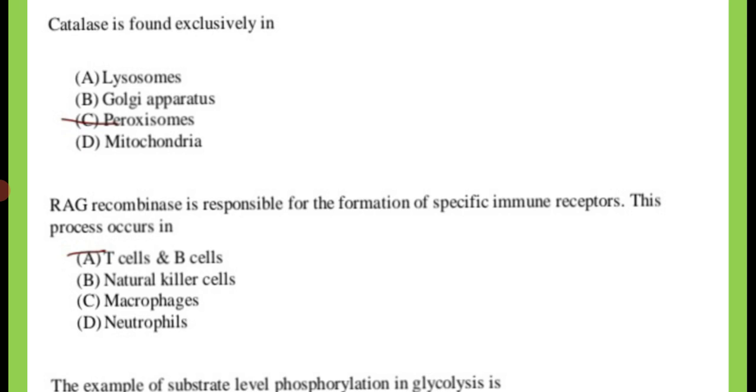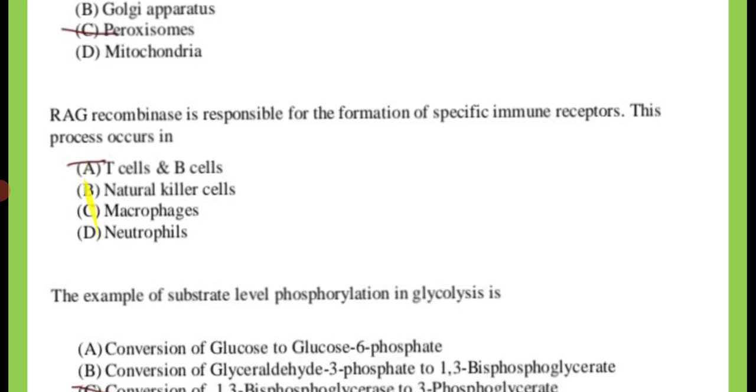The RAG proteins initiate recombination of the variable V, diversity D, and joining J genes at the T cell receptor, that is TCR, and immunoglobulin loci in the VDJ recombination process, allowing the generation of T and B cells with a broad antigen recognition specificity. So option A is the answer to this question.